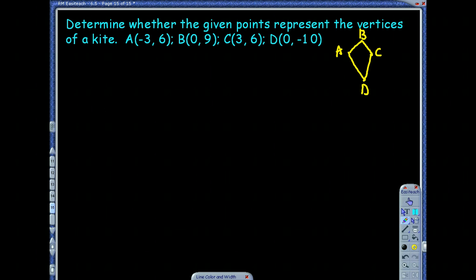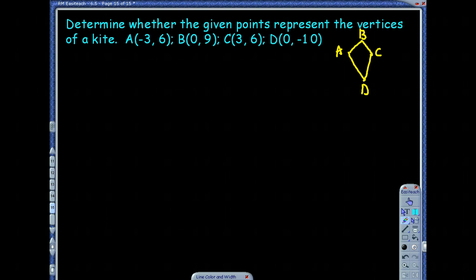We're deciding if it is. By definition, we have to show two pairs of consecutive congruent sides, and the opposite sides are not congruent. So what are we going to have to be doing? Using the distance formula, on all four sides.